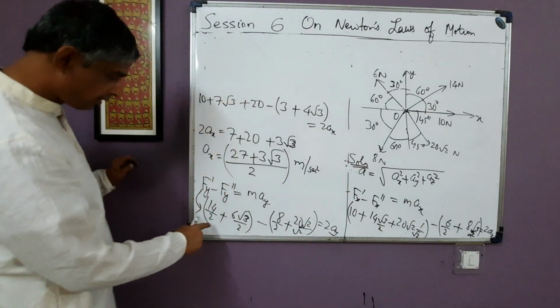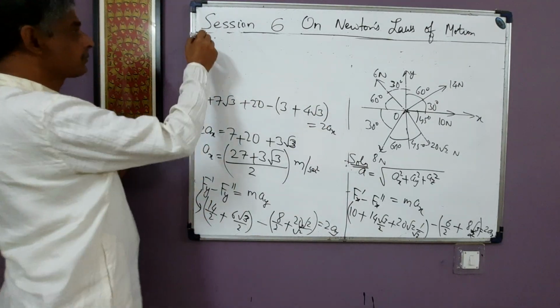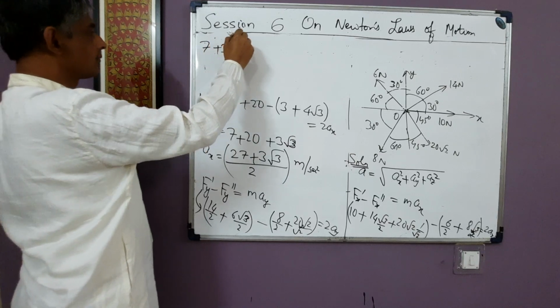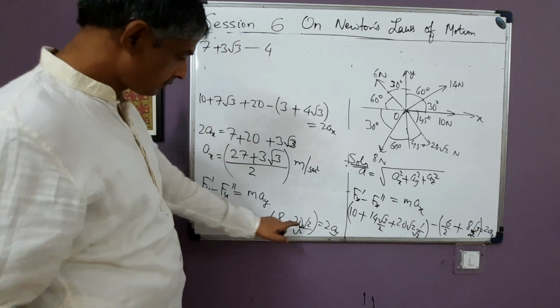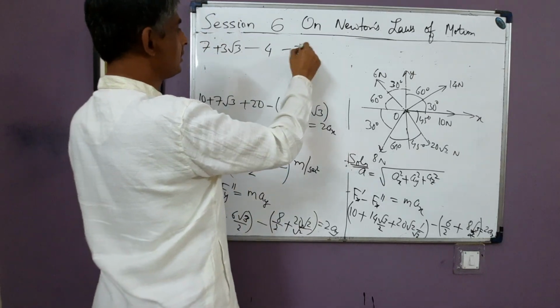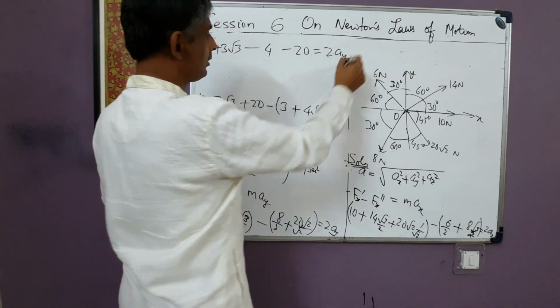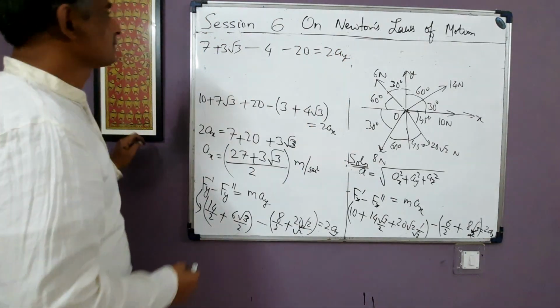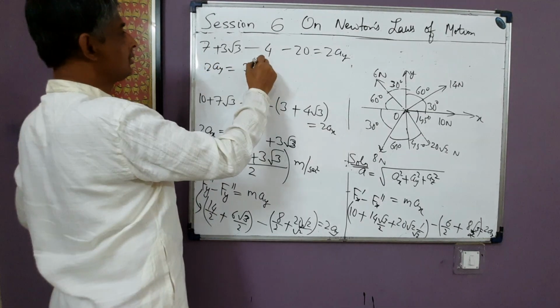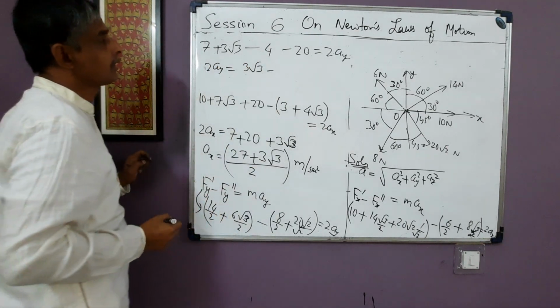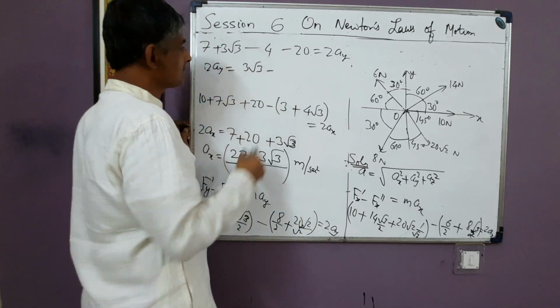So if I simplify it, how much does this become? 7 plus 3 root 3 minus 4 minus 20 equals 2Ay. So 2Ay is equal to 3 root 3, and 24 minus 7 becomes how much?